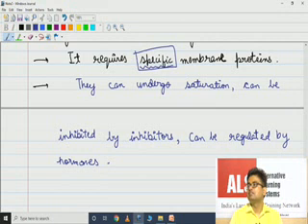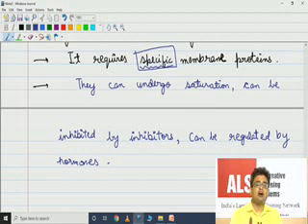If something is present in less concentration, it is called solute. If something is present in higher concentration, it is called solvent. This is the difference between solute and solvent. In a sugar solution, water is in higher concentration, so water is the solvent and sugar is the solute.